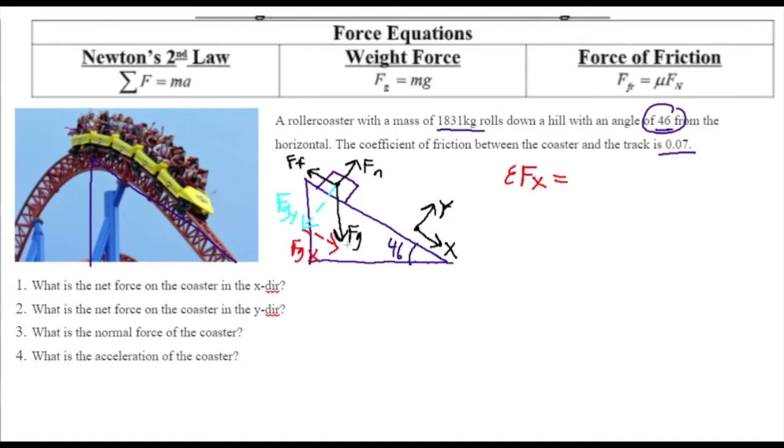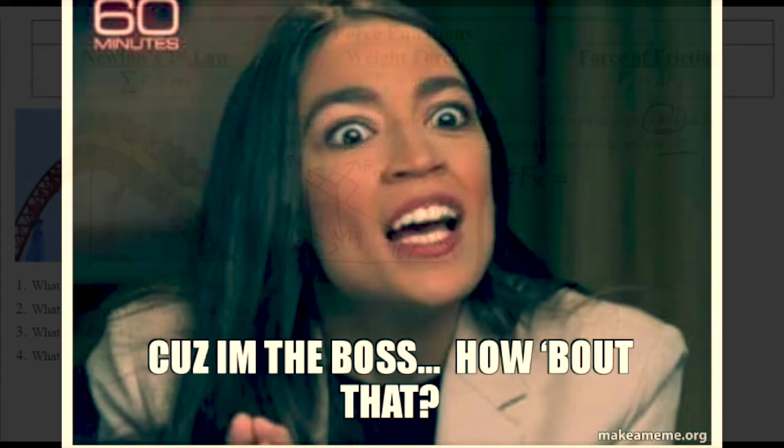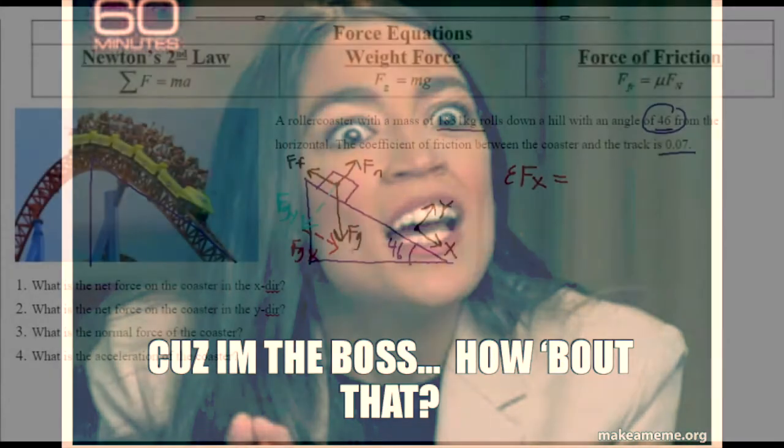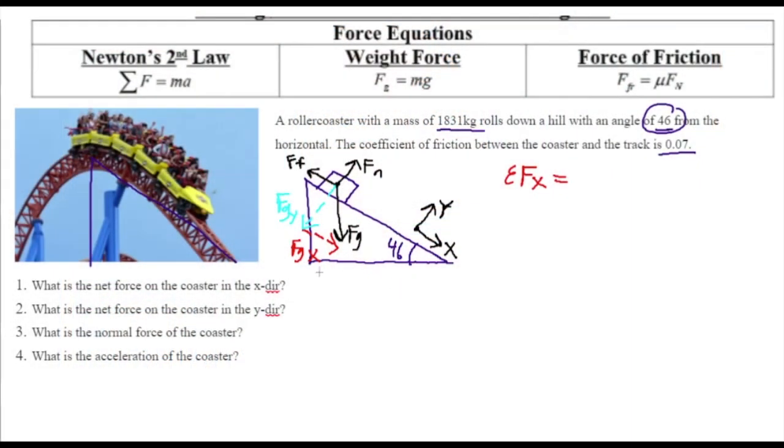How do I know that it points down the incline? The reason why I know that force gravity in the x points down in this case is because the object would slide down the incline if no other forces were acting on it and there wasn't any friction. The object would just begin to move downward.